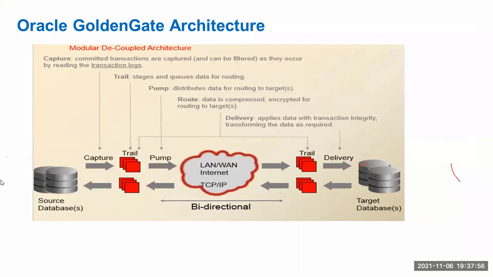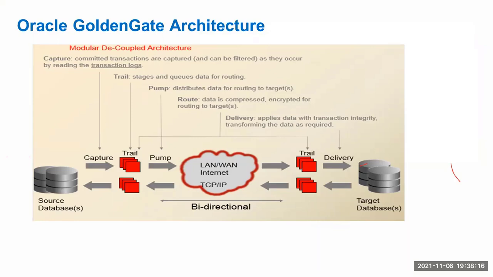This capture process is also called the extract process. If you have heard about extract and replicate, just to let you know, because this capture process does the extraction part, it is called extract. The delivery process, because it delivers the data to the target database, is called the replicate process.